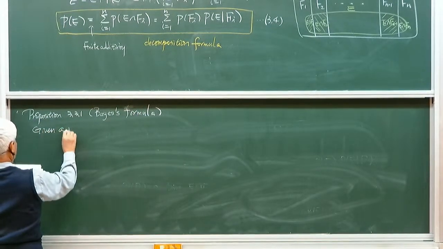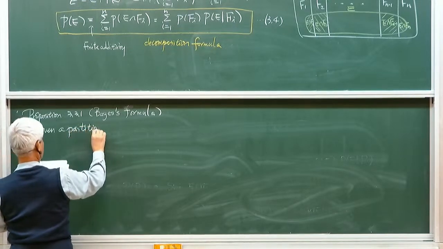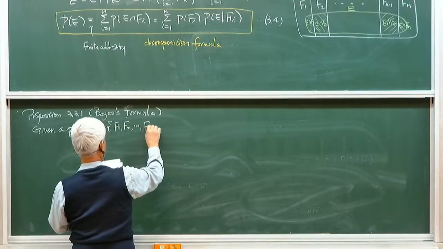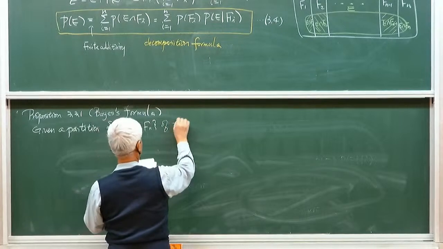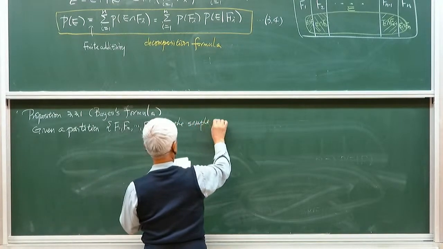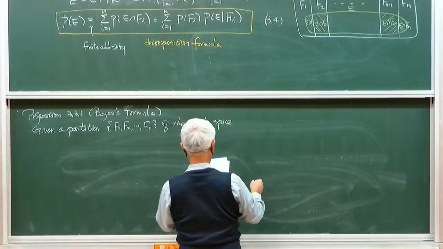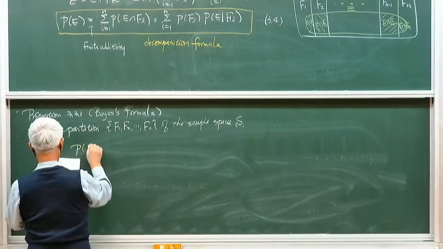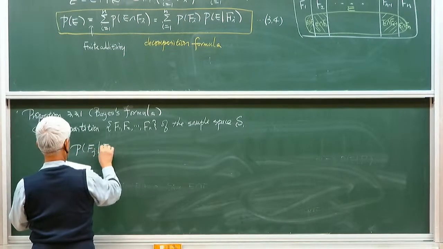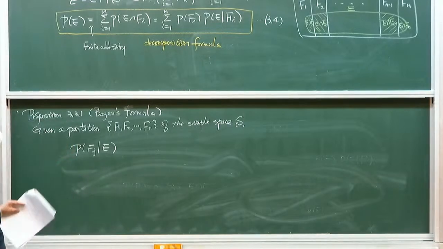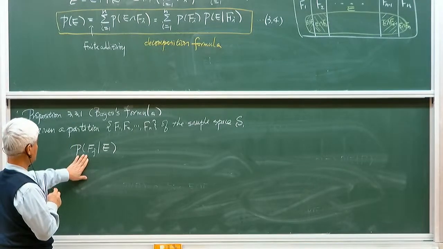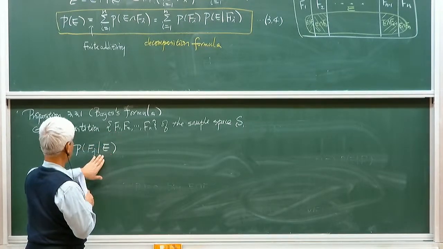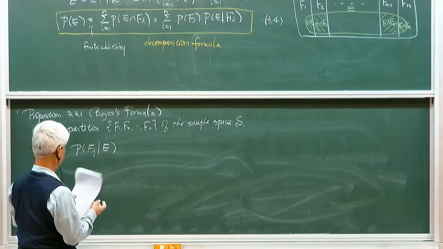Given a partition F1, F2 up to Fn of the sample space X, consider the conditional probability of Fj given E, the conditional probability of each event in this partition given that event E has occurred.